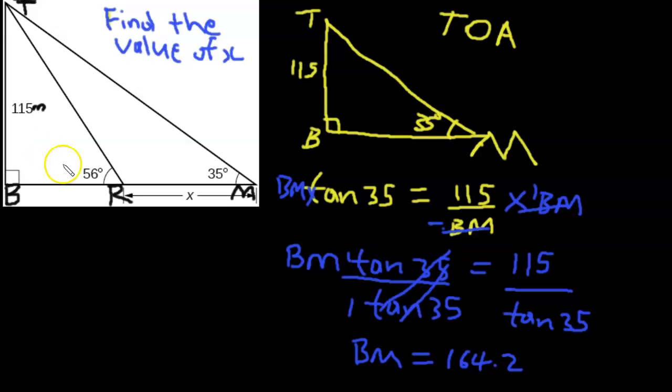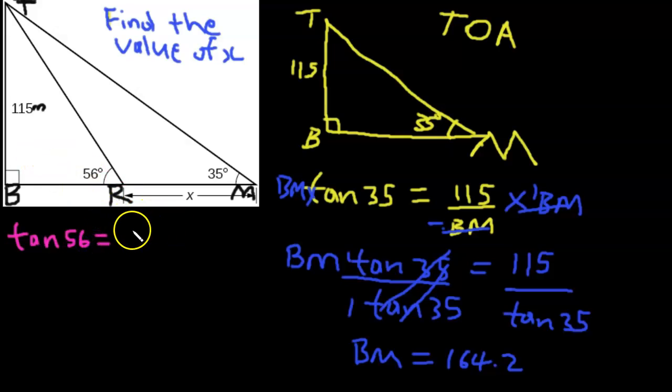So for the length of BR, I can focus on the inside triangle here, it's a right angle triangle also. And again, BR would represent the adjacent. Right, so I can say, and then the 115 will be the opposite, because we're referring to 56 degrees. So tan, the angle I'm referring to, which is the 56, because I'm using the inside triangle now. Tan is equal to opposite over adjacent.